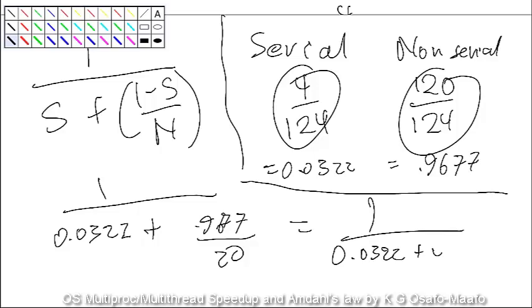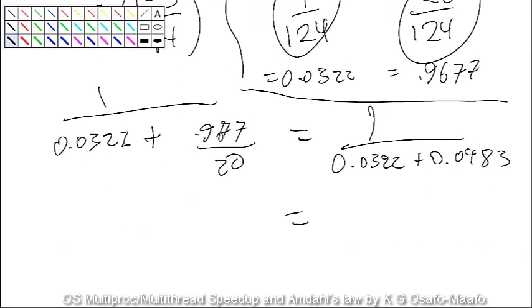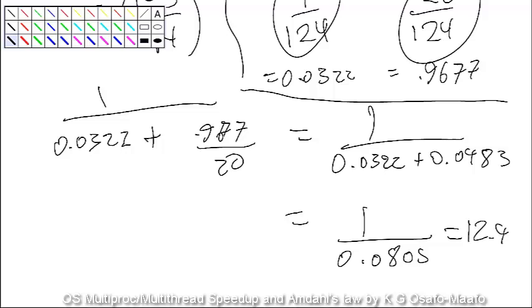And this is 0.0483. Right. And so our speed up is 1 divided by 0.0805, and this is 12.42.